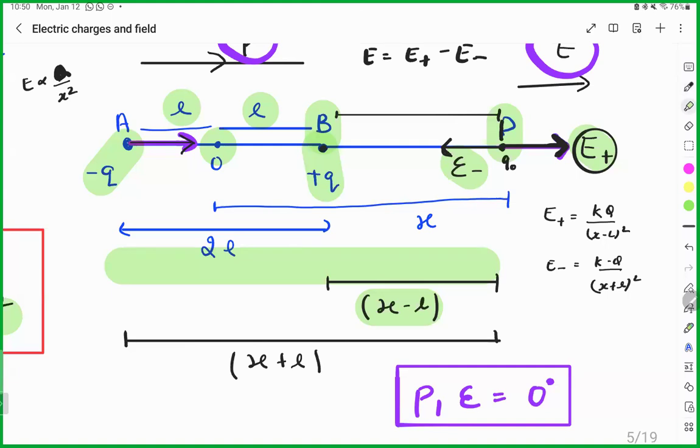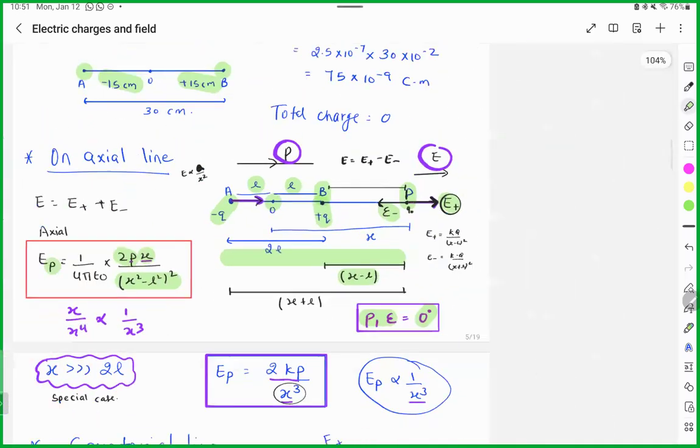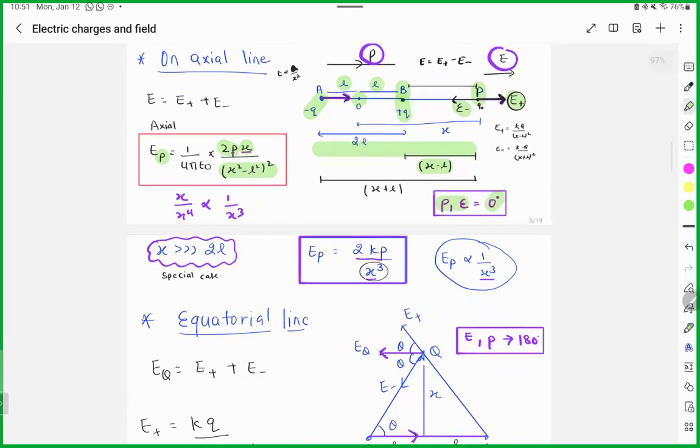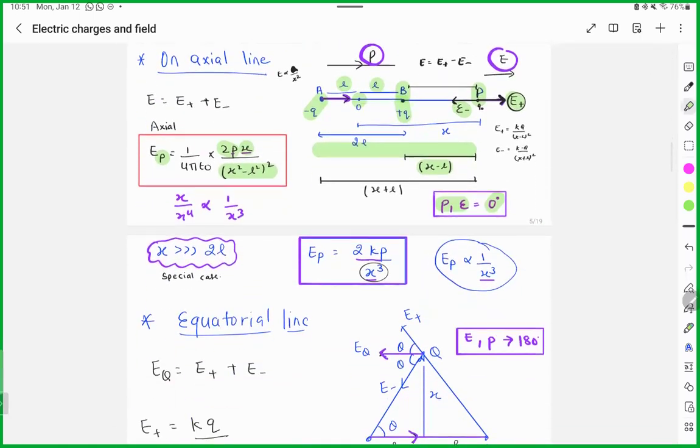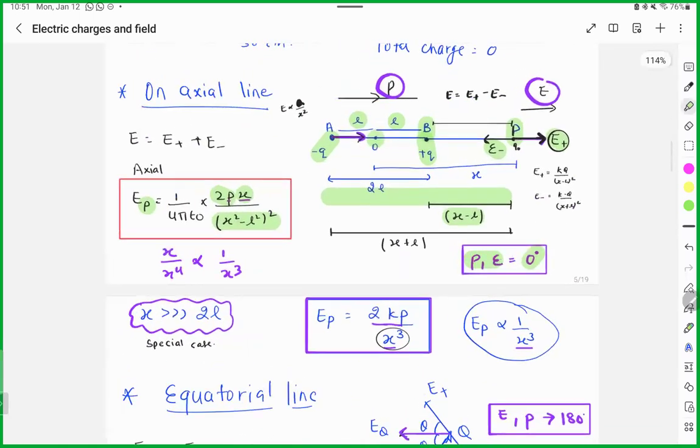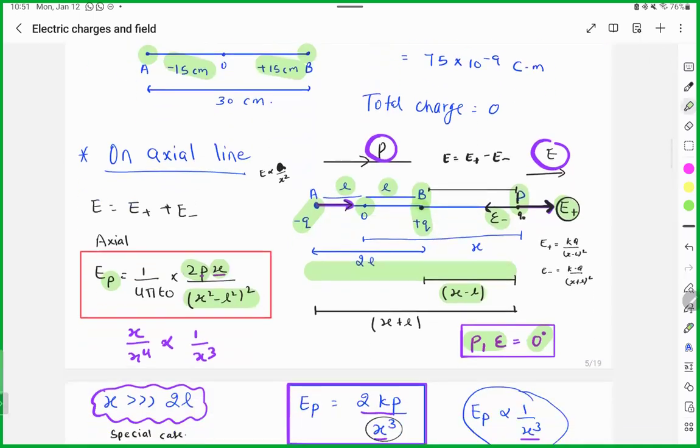No, sir. So if the electric field is on the right hand side and the dipole moment is from A to B, can we say this dipole moment and electric field have the same direction, 0 degree angle between them? This is an important NEET question. Got it? Done. So what you need to understand in the axial point concept is how it is working.